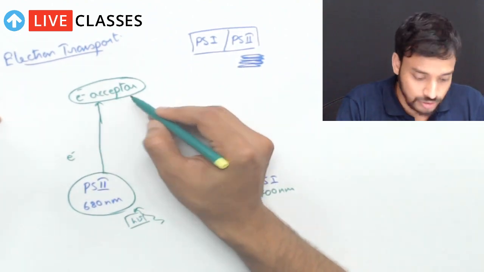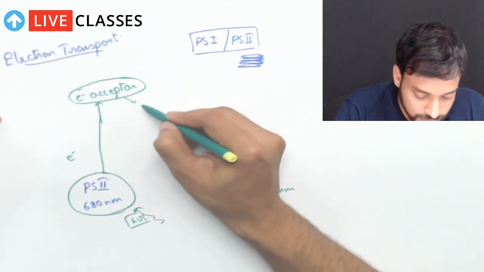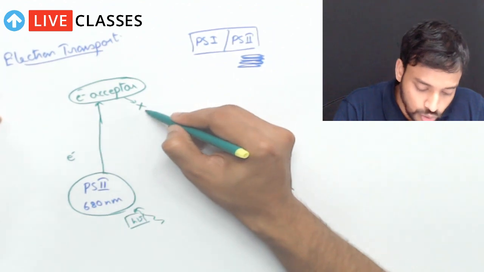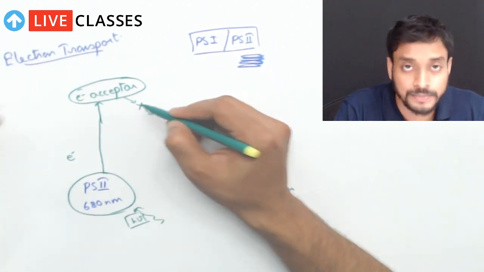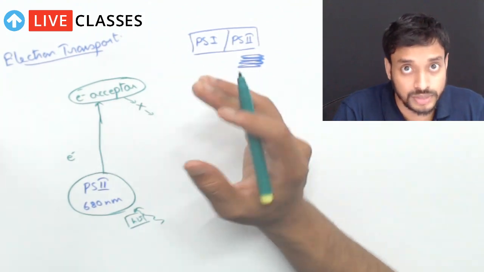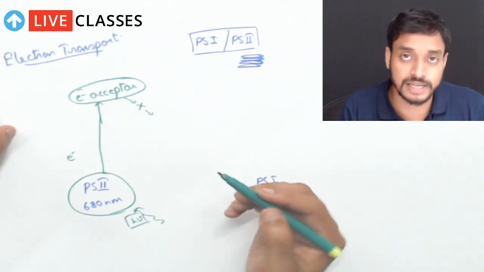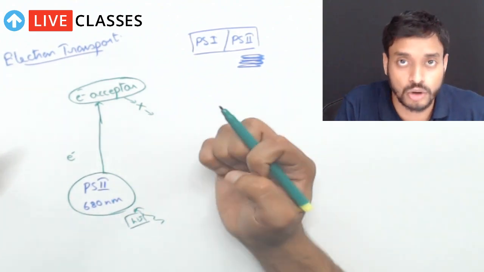Now this electron acceptor passes the electron on to another electron acceptor, let us represent it as X maybe. Slowly and steadily down the gradient, the acceptors are arranged on the basis of their reduction potential, that is, their capacity or affinity to accept electrons.